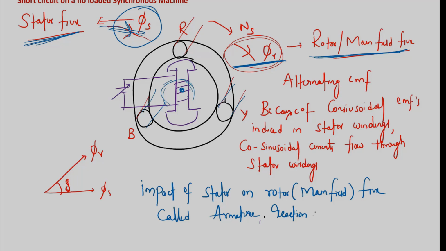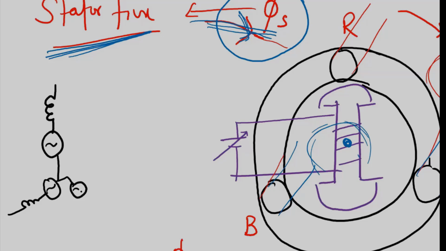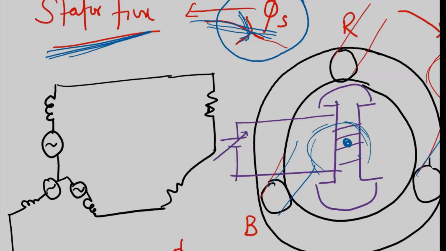If you connect a purely resistive load across the terminals of the alternator, just look at this image for your understanding, then the currents flowing are purely resistive currents. So the armature winding carries purely resistive currents.